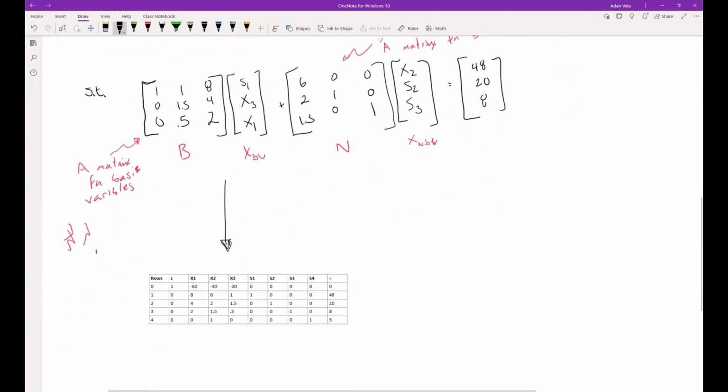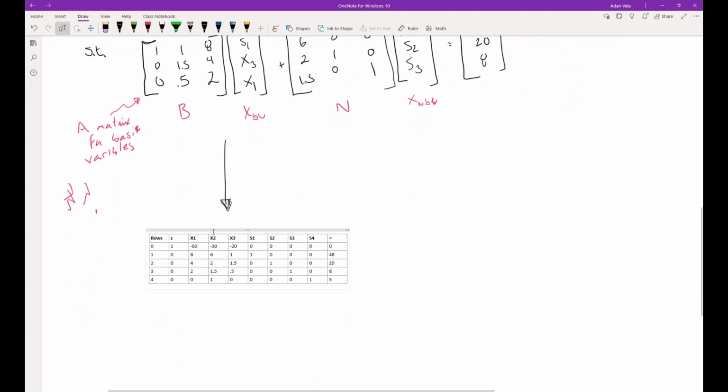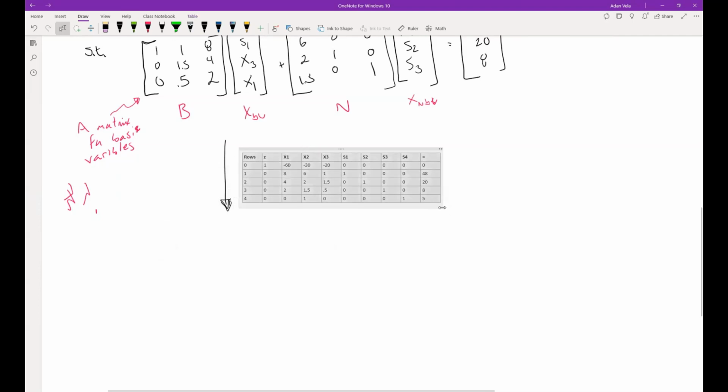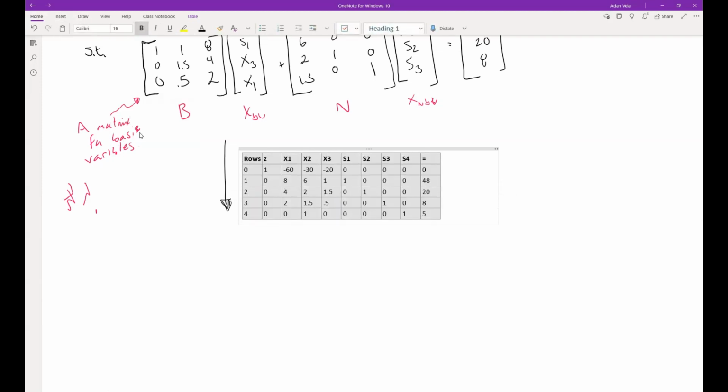All right, so for the equivalent formulation, we could just go through this tableau and fill out what the formulation looks like. So I'm going to make this a little bit bigger so it's readable.